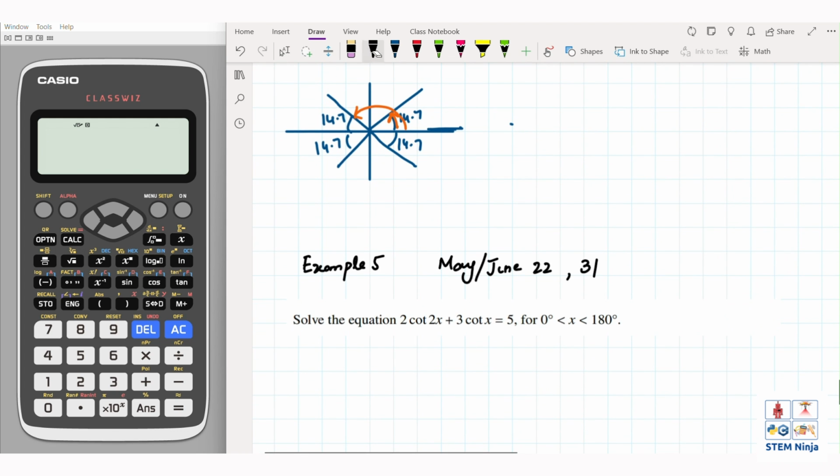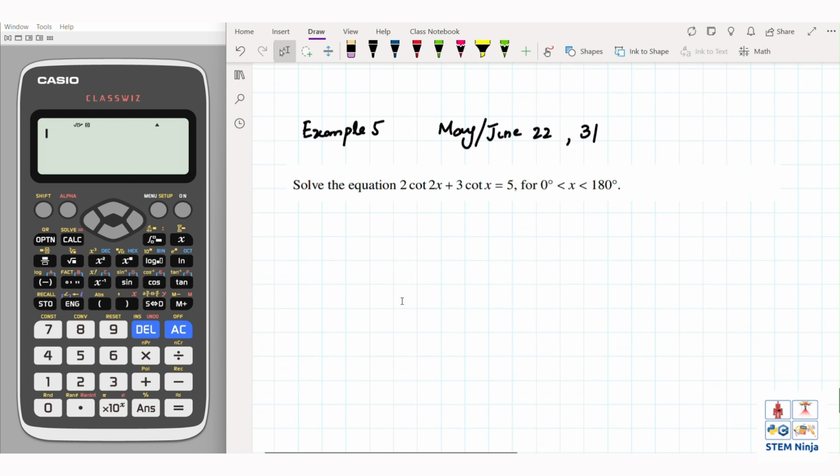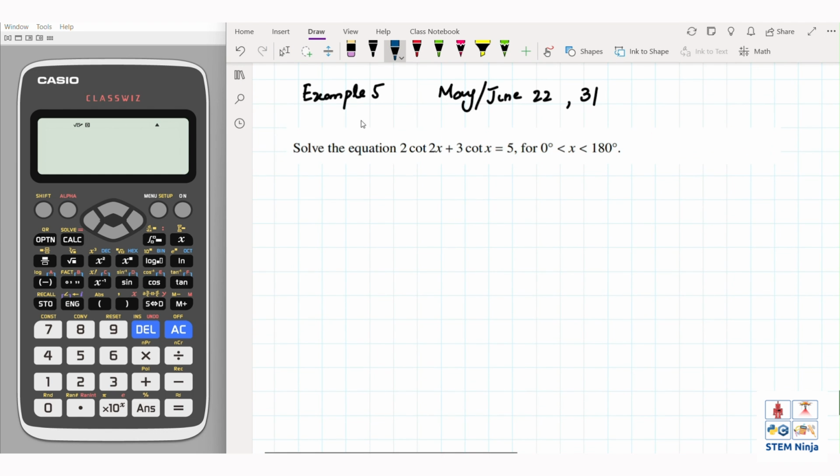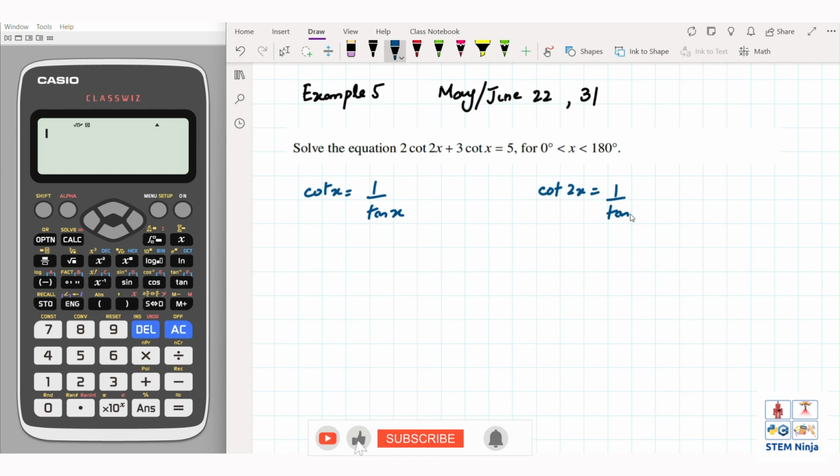Now let's look at another example. Solve the equation 2 cot 2x plus 3 cot x equals 5. So we know that cot of x is 1 over tan x. Similarly, cot of 2x would be 1 over tan 2x. So double angle, basically.